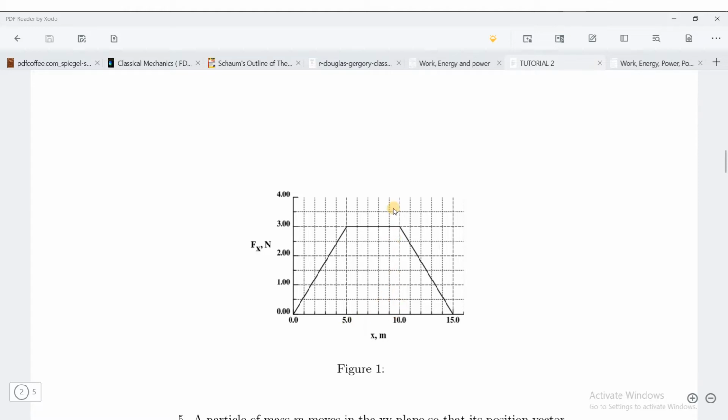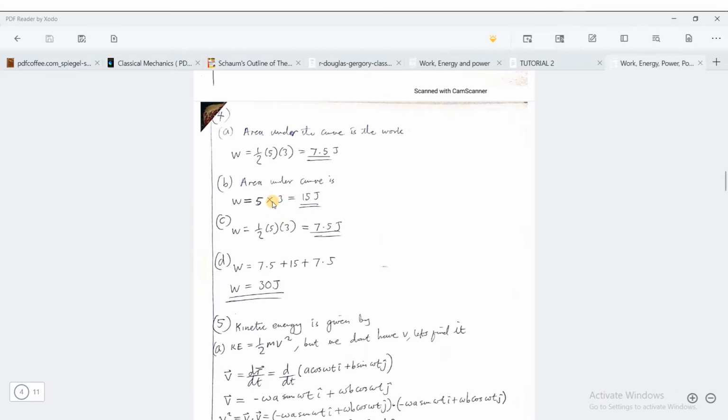Right? Base times height. So the base is the distance from here to here, which is 5, times the distance from here to here, which is 3. So it will just be 5 times 3, as it's been done here. 5 times 3 we get 15 joules.